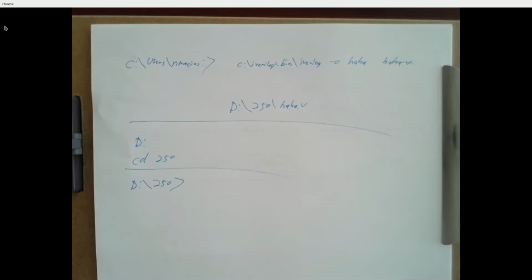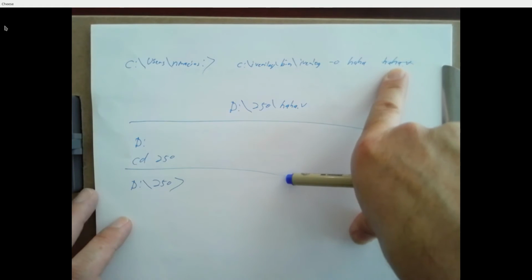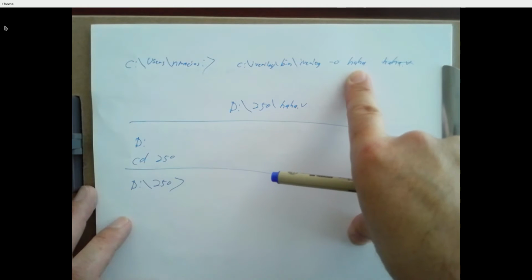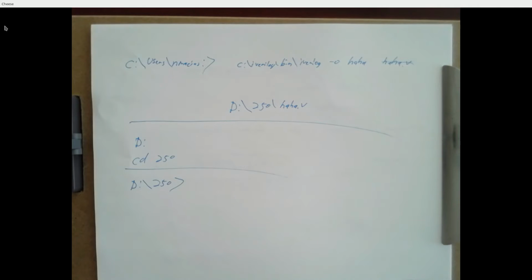And if I've got my haha.v sitting in here, I can just do this line, and it'll read haha.v from here, and it'll place the output file in here also. And now you're using your own local hard drive, basically. So everything you do is going to persist, and just eject your drive when you're done. Put it back in when you want to continue.